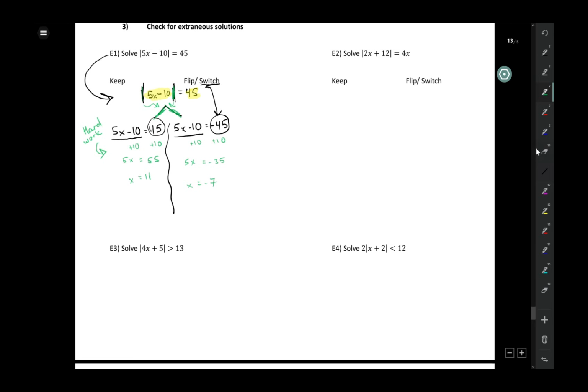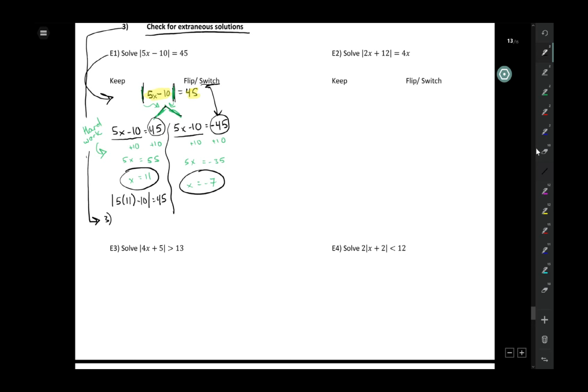The last little thing is we need to check for extraneous solutions. Your check means that you're going to substitute each of these values into the original statement. So we take the absolute value of 5 times 11 minus 10 equals 45.